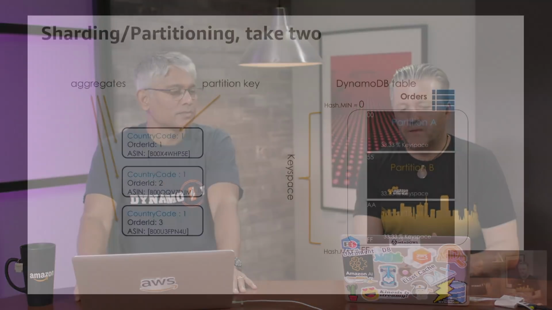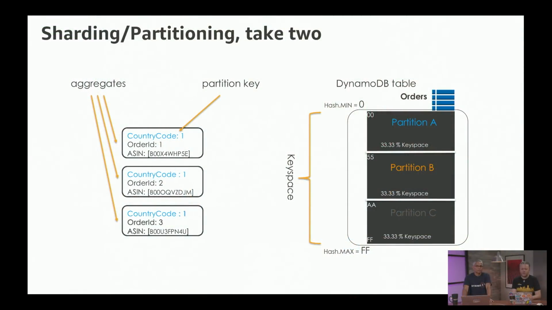Yeah. And by contrast, let's say, in a different scenario, we decide to select a different partition key for our orders, just because you might have an access pattern that calls for access by country. And so in this example, the partition key is country code, whereas the order ID is now the sort key, the combination of the two being unique.